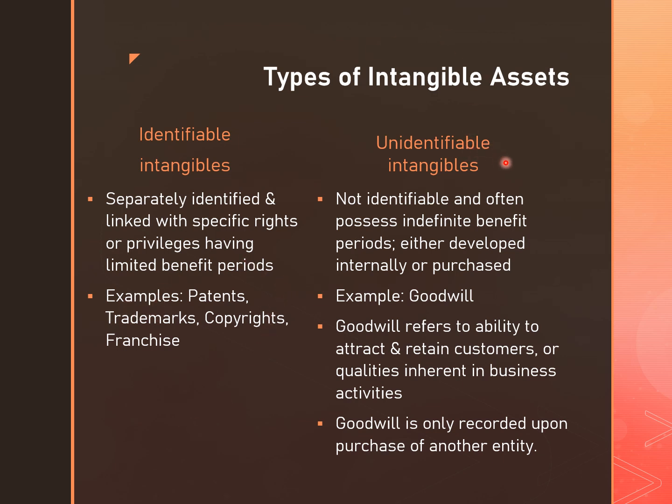Next is unidentifiable, non-identifiable, which often possesses an indefinite benefit period, either developed internally or purchased. For example, goodwill. Goodwill is the ability to attract or retain customers or quality inherent in the business activity. Goodwill is a good name. It is the ability to attract customers. It is like if I sell KFC but I make SFC. So in front of you is an ATM, next door is a KFC, you will go to KFC, right, because KFC already has goodwill. I only have my own name.